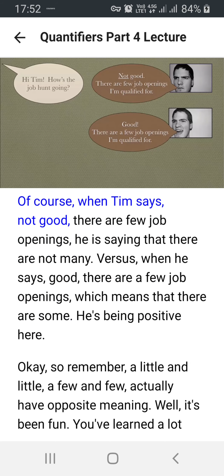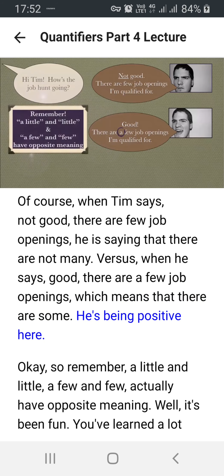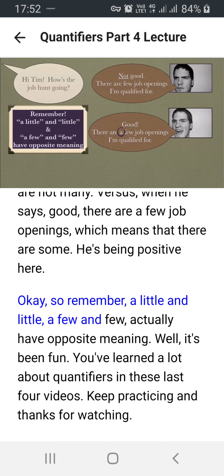Of course, when Tim says, not good, there are few job openings, he's saying that there are not many. Versus when he says good, there are a few job openings, which means that there are some. He's being positive here. Okay, so remember, a little and little, a few and few actually have opposite meanings.